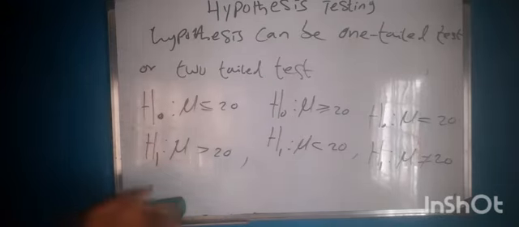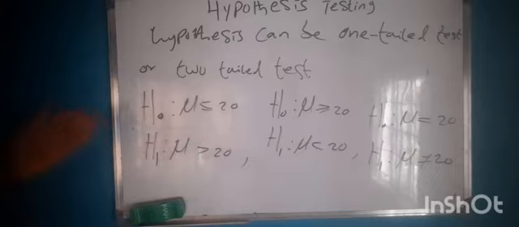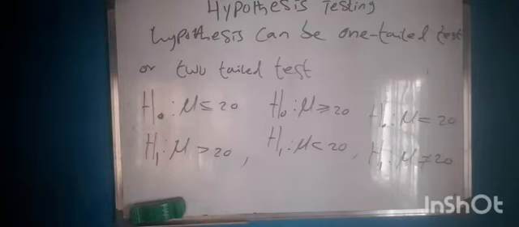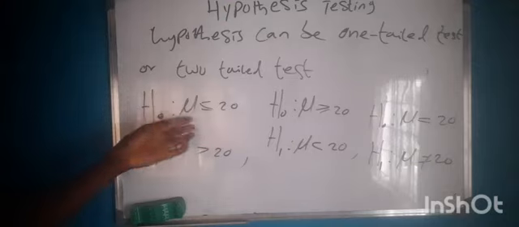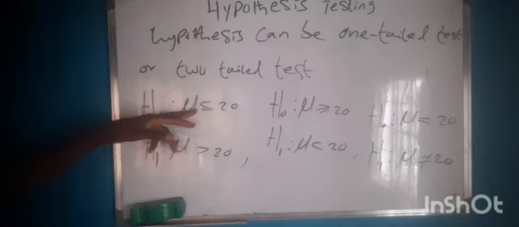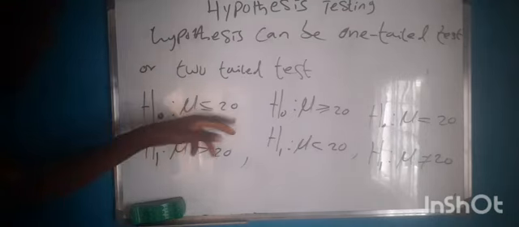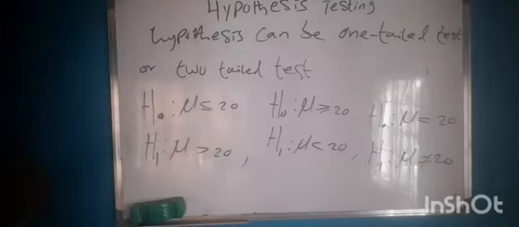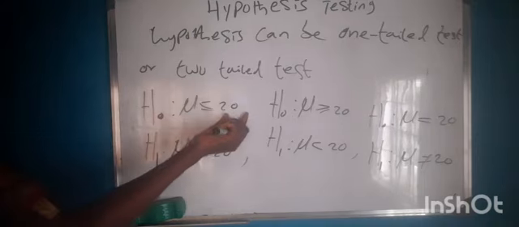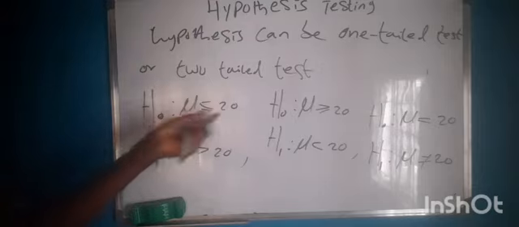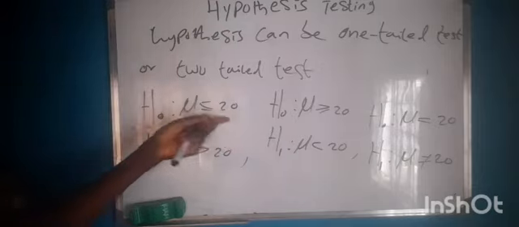What do we mean by directional? If you have your hypothesis saying that mu, the mean, is less than or equal to 20, it is suggesting that our mean can be less than or equal to 20.